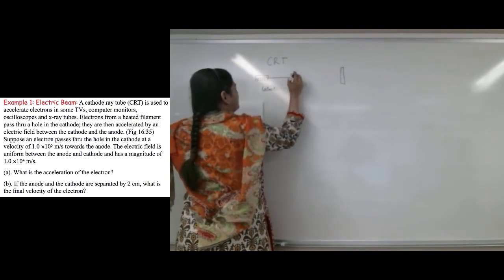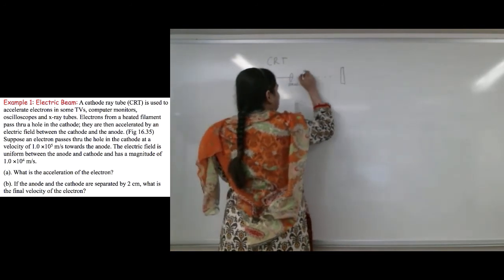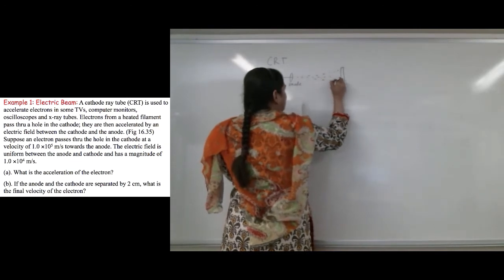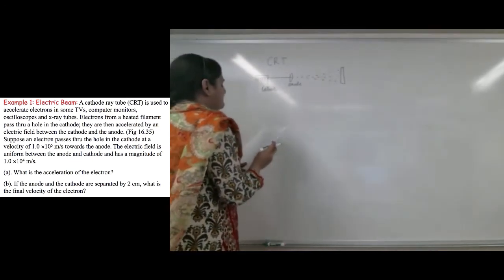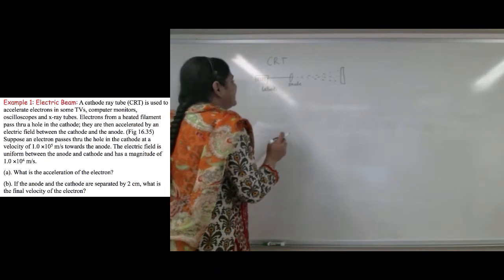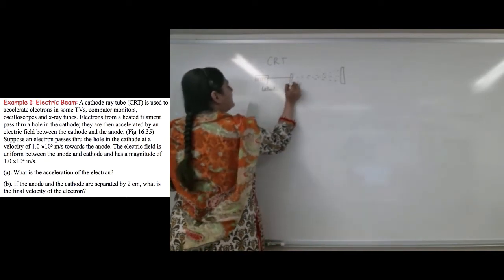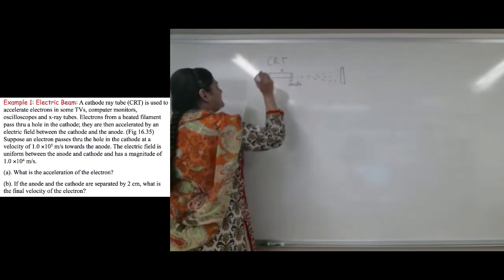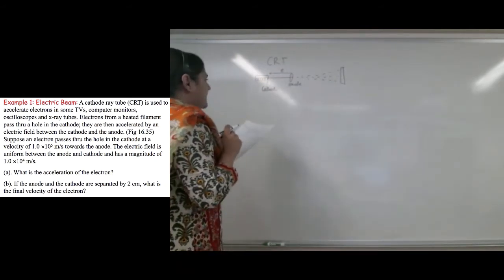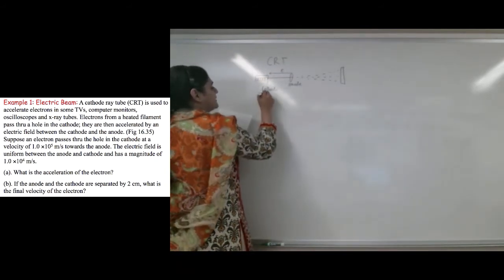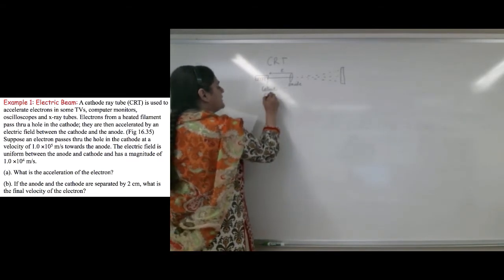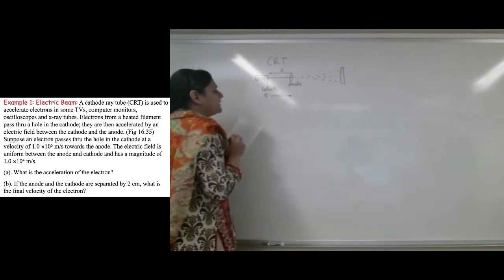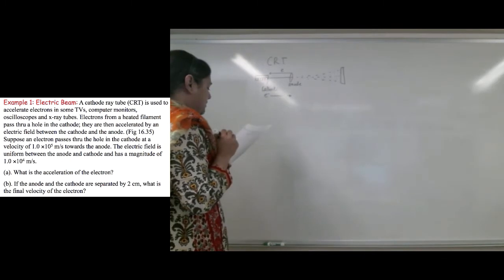And it's basically accelerating over here. Okay? So the electrical field is going to go from the anode to the cathode. So the direction of the E field is going to be here. It is going to have electrons which are ejected.